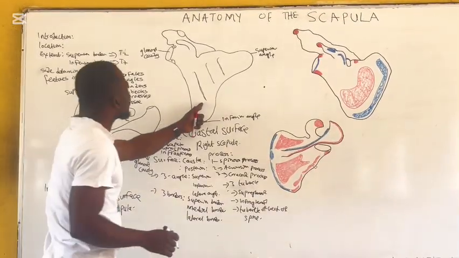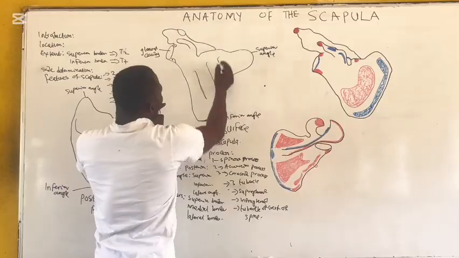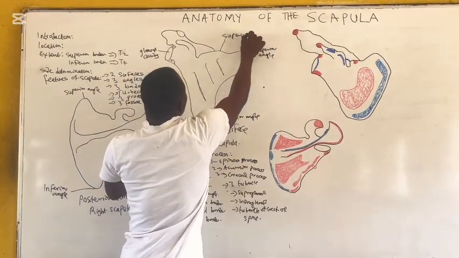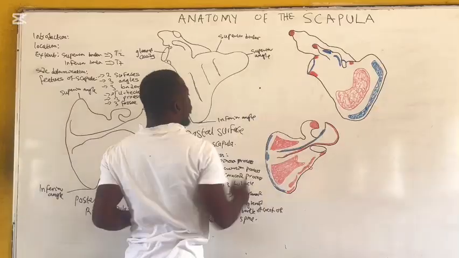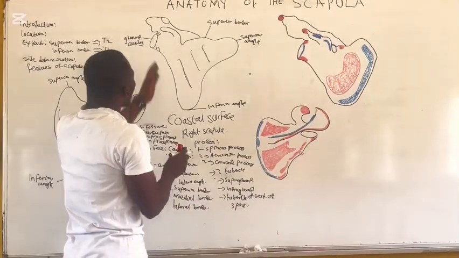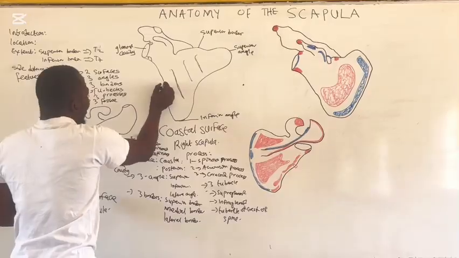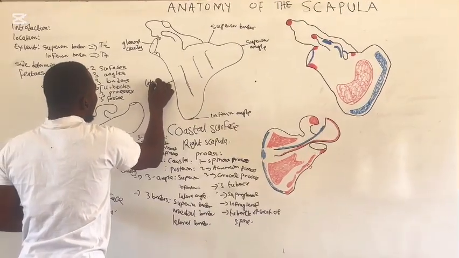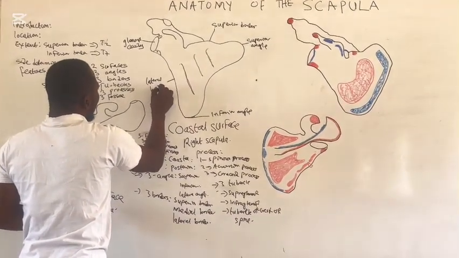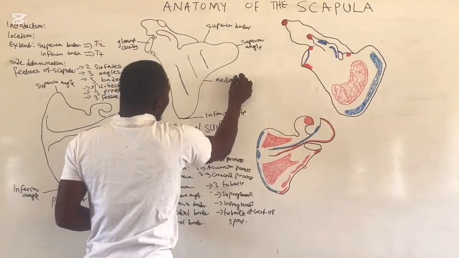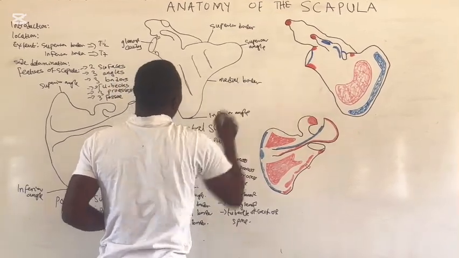So from here, this is our superior border. Remember that our glenoid cavity is only located laterally. So this is our lateral border. And here is our medial border.